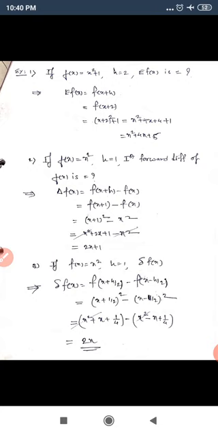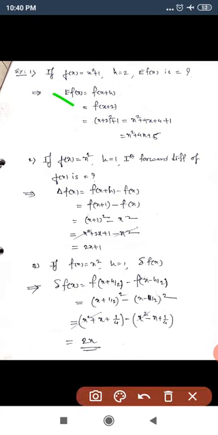We know that e of f of x is the next value, f of x plus h, and we have already defined h equal to 2, so f of x plus 2, and f of x plus 2 equals, as f of x is defined as x square plus 1, x plus 2 bracket square plus 1. Simplify this bracket: a plus b bracket square, x square plus 4x plus 4 plus 1, which is x square plus 4x plus 5.